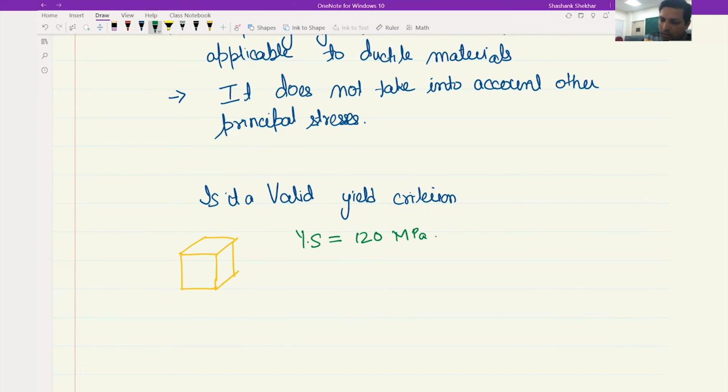Now you are given the stress state 80, 80, 40, 40, so it happens to be all principal stresses. None of the principal stresses equal or exceed the yield strength. Therefore, in this particular case, it is not yielding.